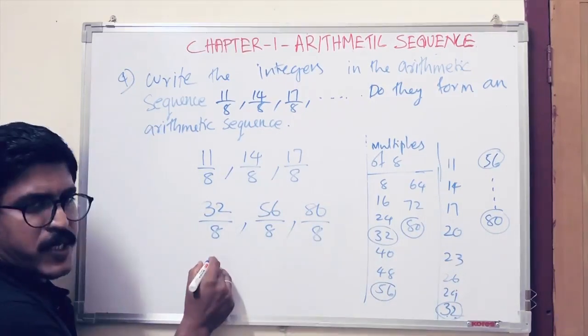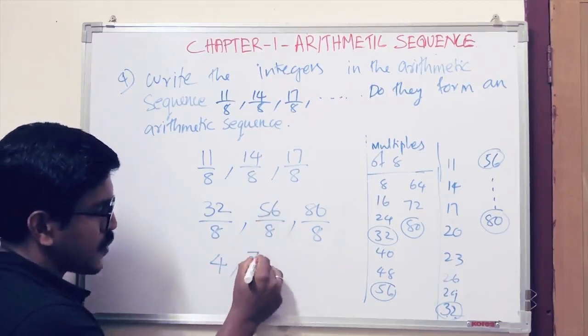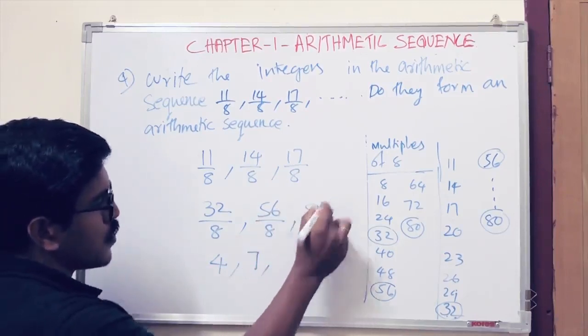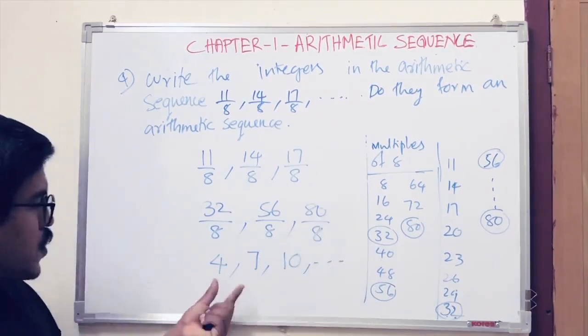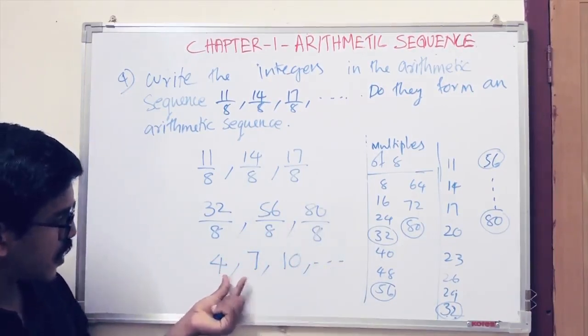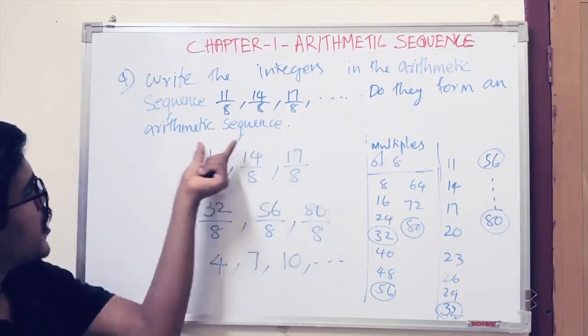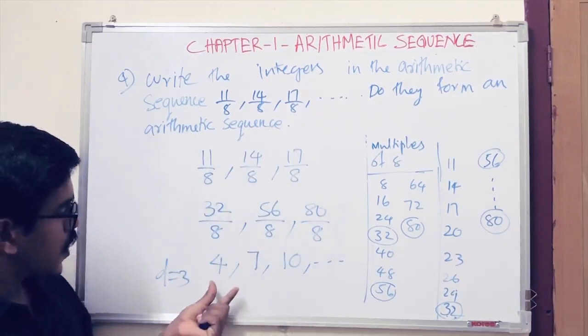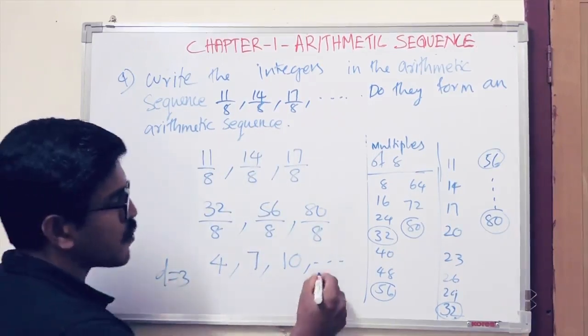That is 32/8 is 4, 56/8 is 7, and 80/8 is 10. Here you can see the common difference is 3. Our question is, do they form an arithmetic sequence? Here clearly a common difference exists, so we can say that this is an arithmetic sequence.